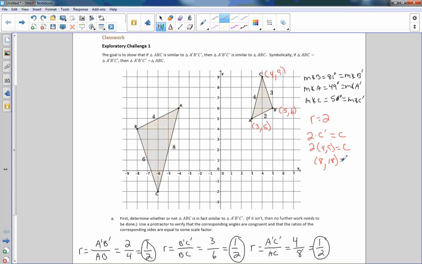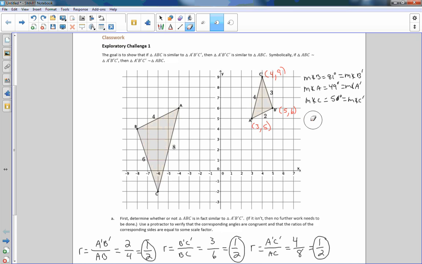Okay, so when I do this, that will scale this up, and it is going to be way off the paper. So in this situation, there's no way for me to graph that and then move it. So I'm going to pause there, and I'm going to think of another way to do this.